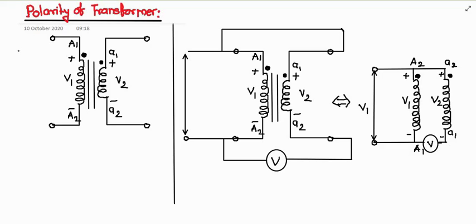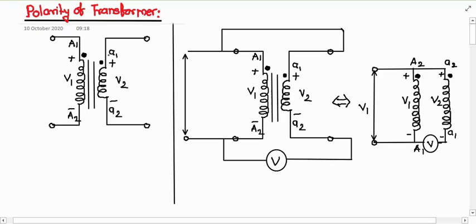Similar polarity ends of the two windings are those ends which become positive or negative simultaneously when the EMF induced in them is same. Or in this figure we can say that this A1 and small a1 are becoming positive or negative simultaneously.